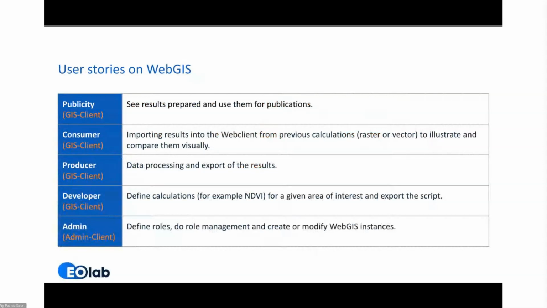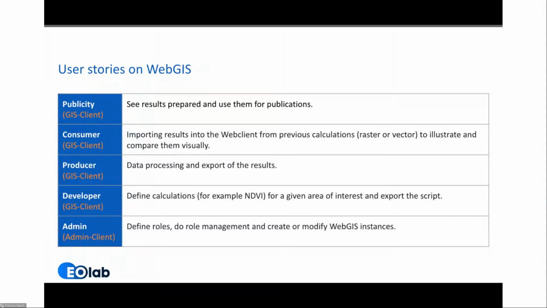The user stories shown on the slide should help to make the possible utilization of WebGIS easier to understand. So there are different user types. The user working with publicity would use the so-called GIS client.